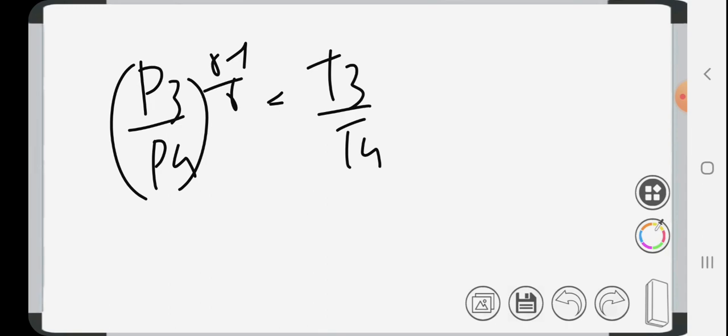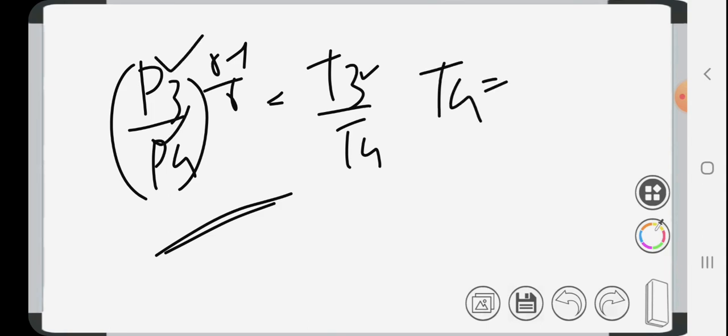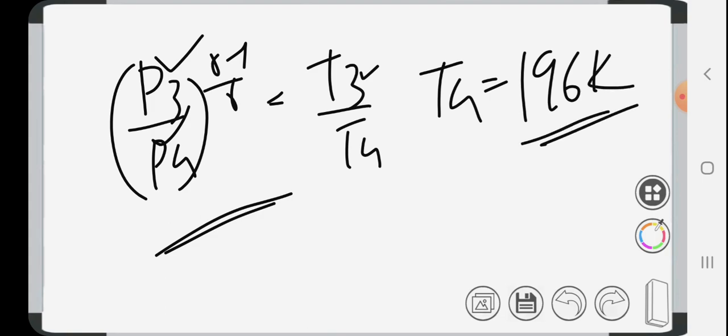You have T3 as some 41 degrees Celsius; you have to convert it into Kelvin. Always substitute in Kelvin only in this type of equation. Since P3 equals P2 and P4 equals P1, you will get T4 as 196 Kelvin.